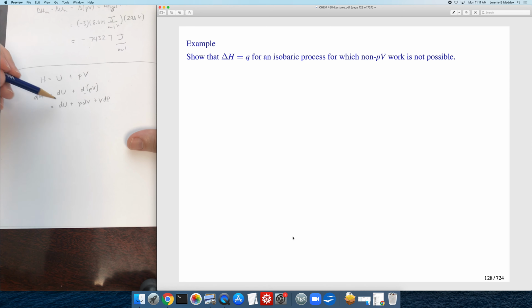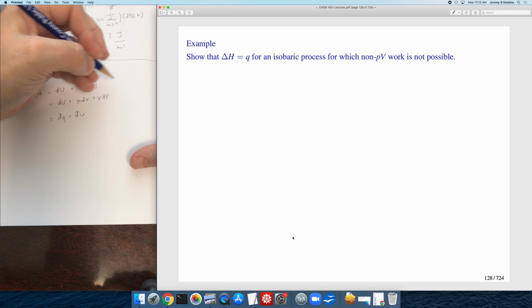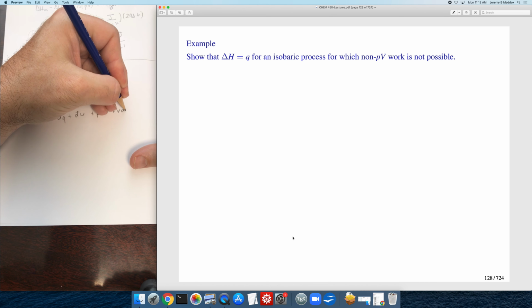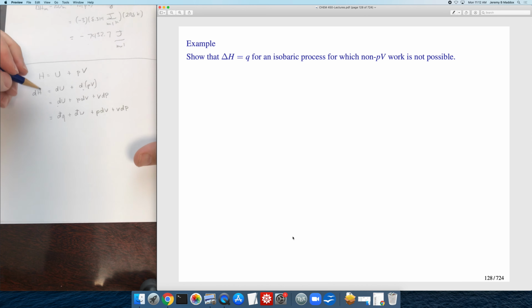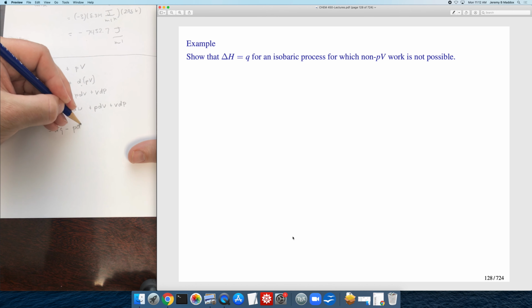And now we'll use the first law to expand dU. For infinitesimal changes, when there's no non-PV work present, this is going to be equal to dQ minus PdV. This is the work.